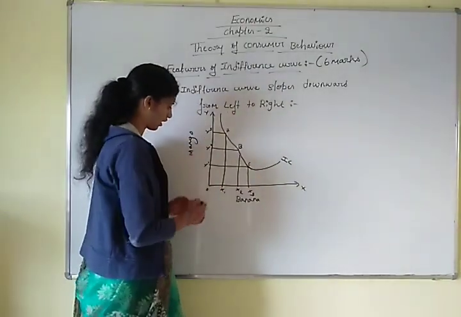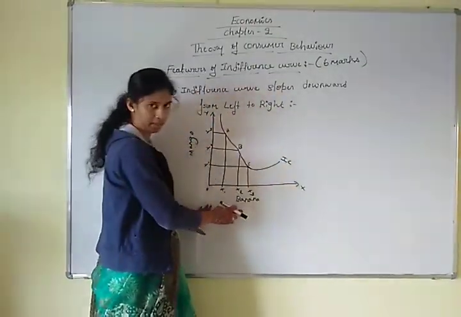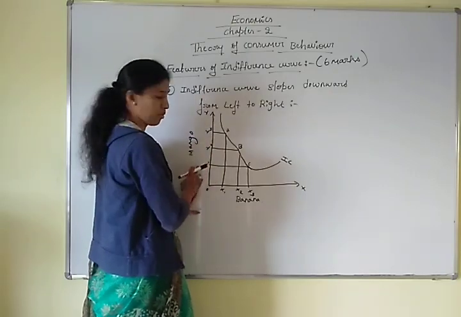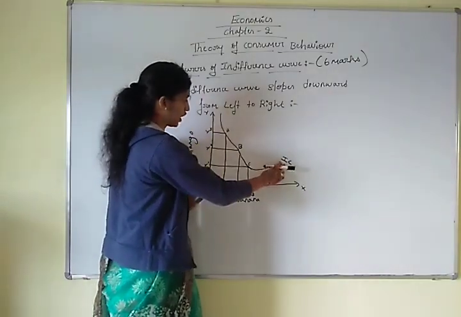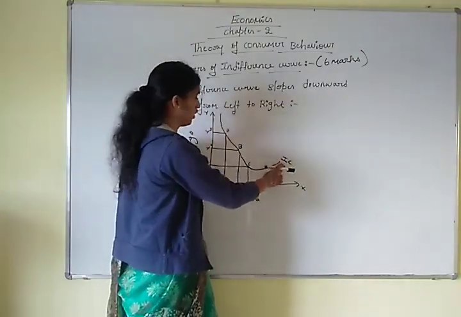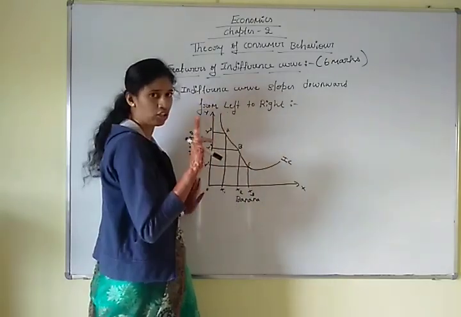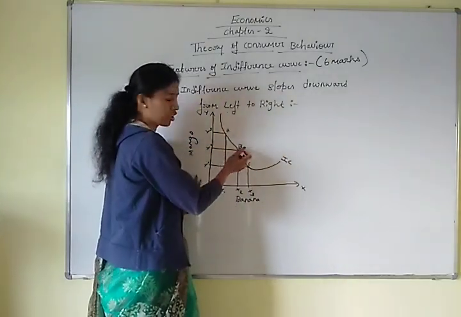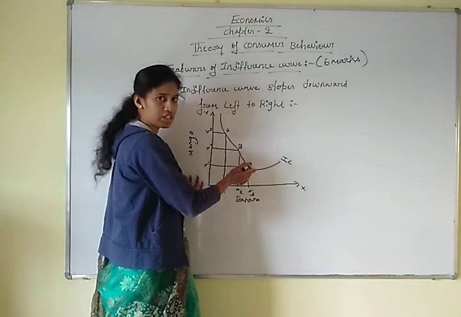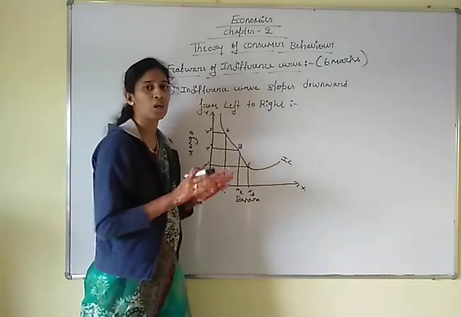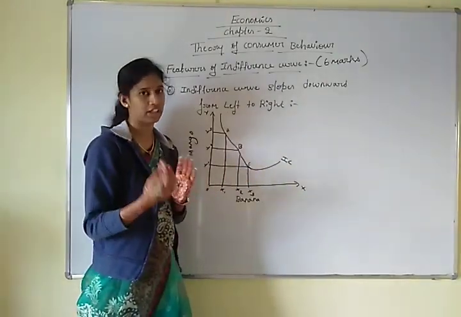In the diagram, the OX axis represents banana, the OY axis represents mango. IC means indifference curve. In the indifference curve, there are three combinations: combination A, combination B, combination C. The three combinations give equal satisfaction to the consumer.